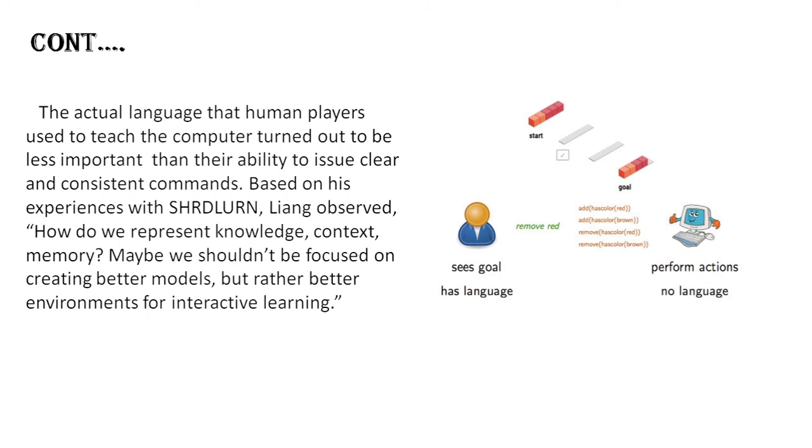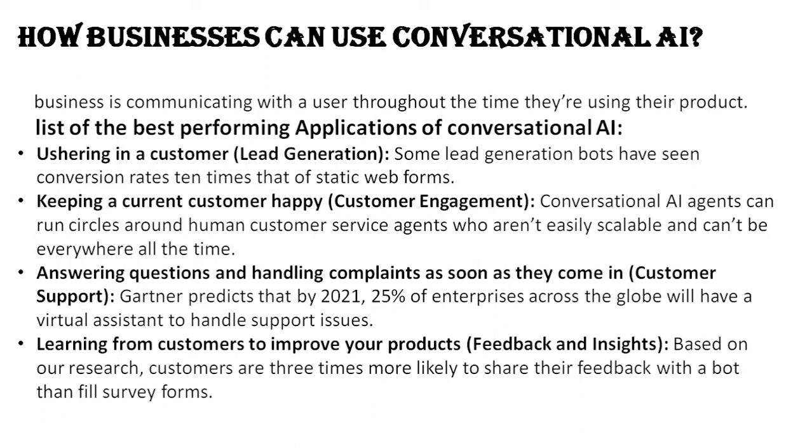Based on his experience with this, Liang observed, how do we represent knowledge, context, memory? Maybe we shouldn't be focused on creating better models, but rather better environments for interactive learning.